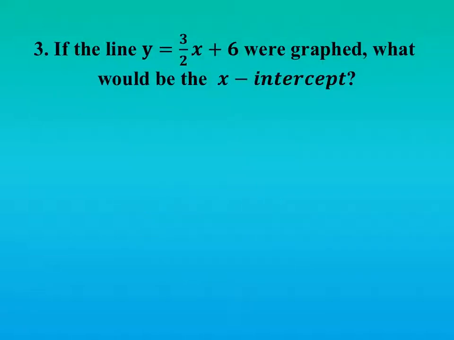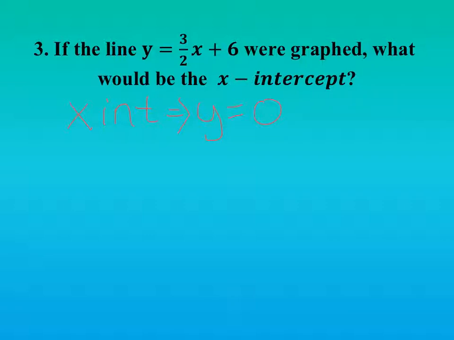Question number 3 says, if the line y equals 3/2 x plus 6 were graphed, what would be the x-intercept? So we need to remember what we know about x-intercepts. Well, we know when we're looking for the x-intercept, that means y equals 0.